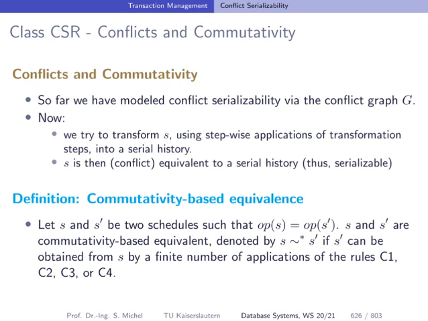The idea here is when you're looking at a schedule, for instance, you have R1 of X and writing of Y, you see that these are not in conflict. So nothing would be wrong when we assume we can just swap them.